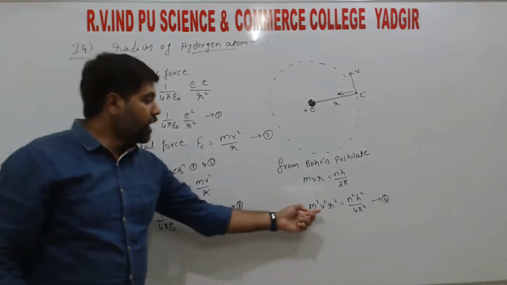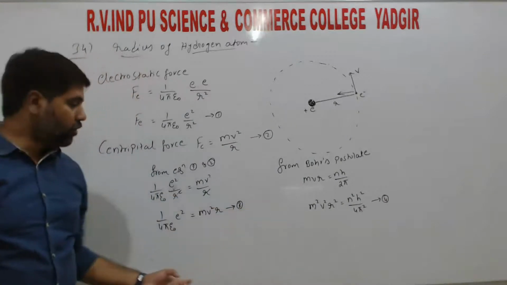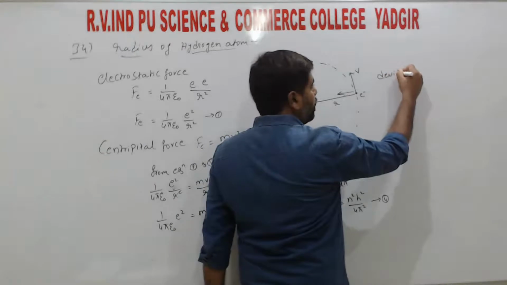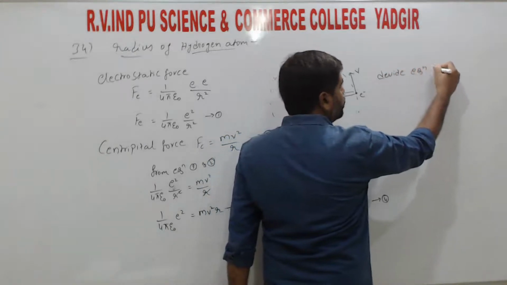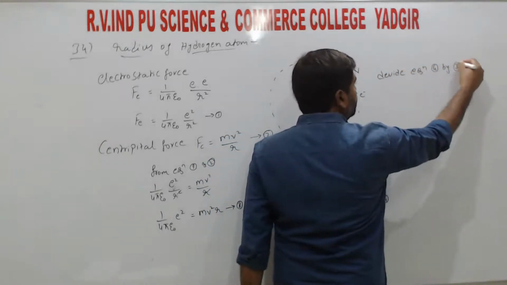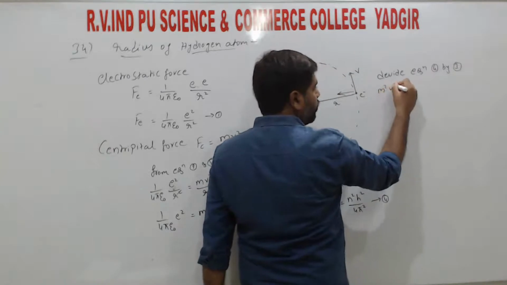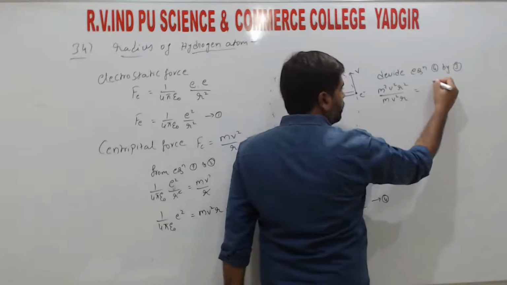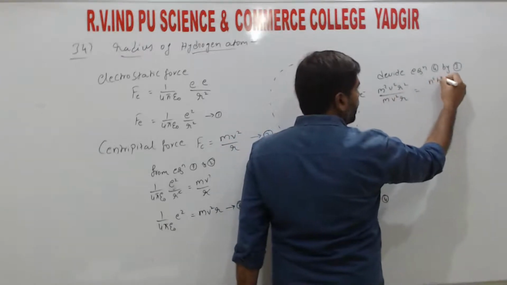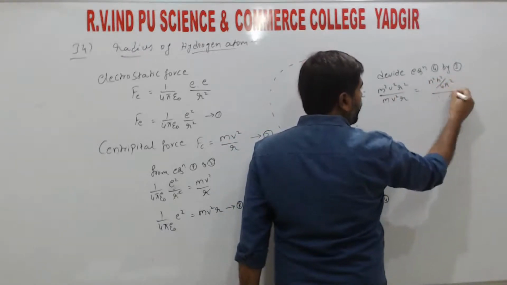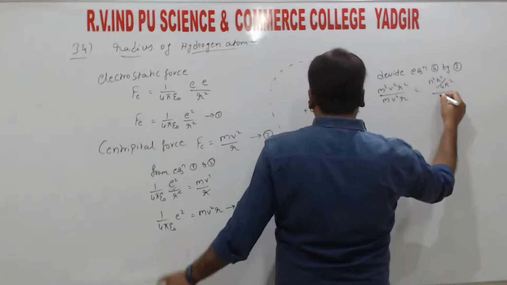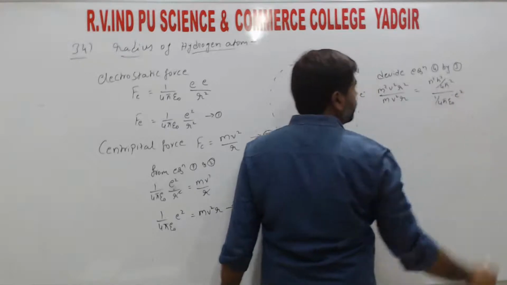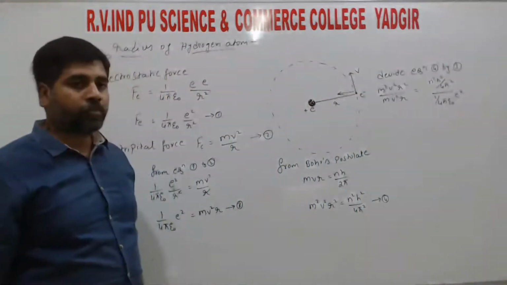So now divide equation 4 by equation 3, right? So divide equation 4 by 3. So LHS m square v square r square divided by m v square r is equal to n square h square divided by 4 pi square divided by 1 by 4 pi epsilon naught into e square, right?